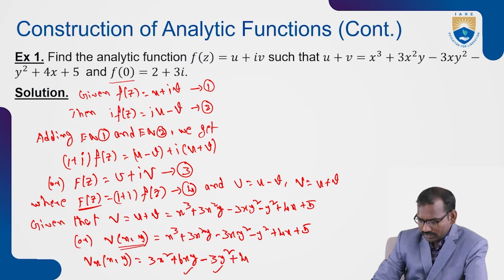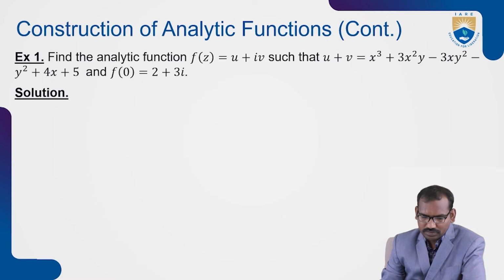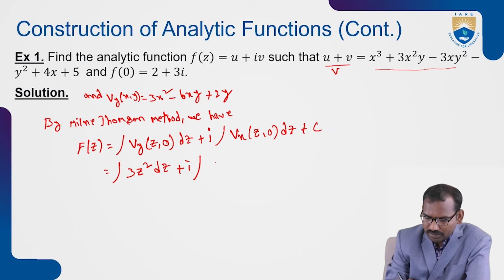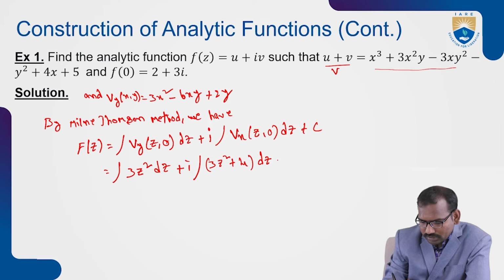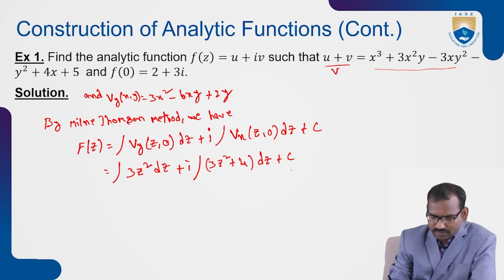So you will have 3z square plus 4 only. Okay, 3z square plus 4 dz plus arbitrary complex constant c.